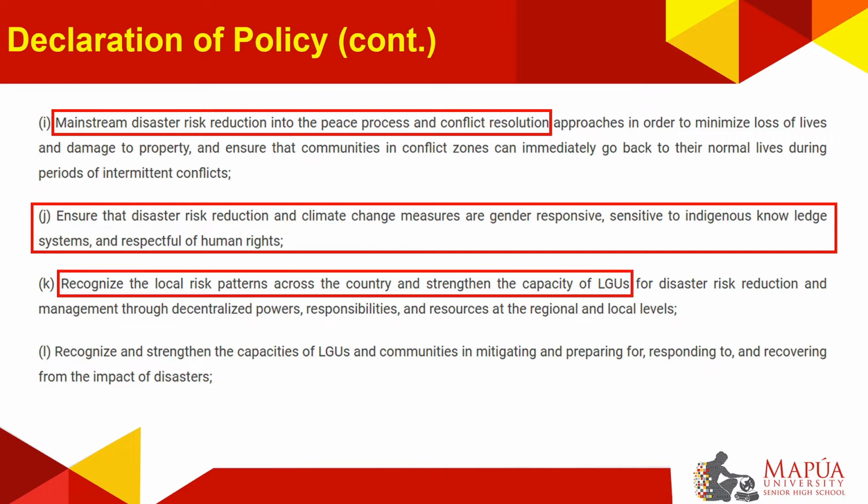Letter K states to recognize the local risk patterns across the country and strengthen the capacity of LGUs. Furthermore, in order for DRR to be effective at a local government unit level, we must identify the patterns of the risks involved in each of these LGUs. In that way, we can decentralize power and empower local government units when it comes to the responsibilities and resources at the regional and local levels.